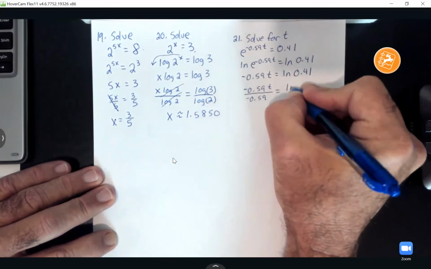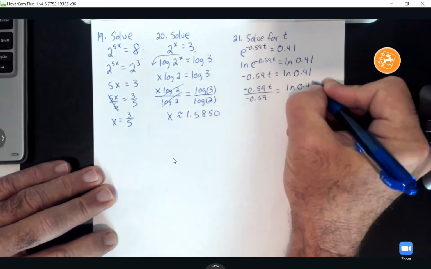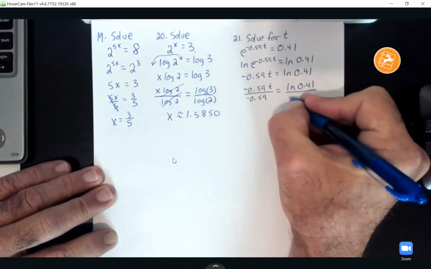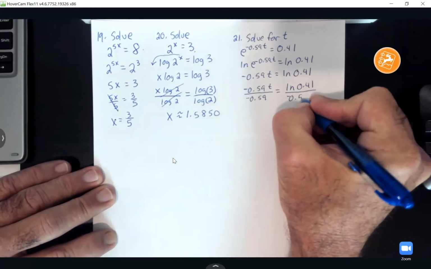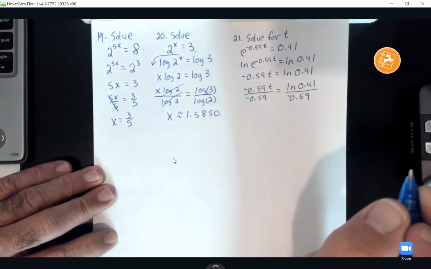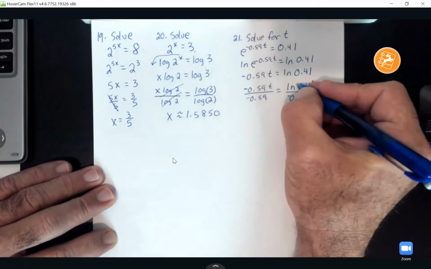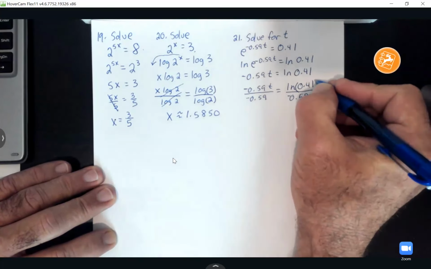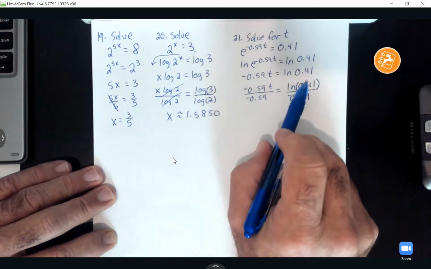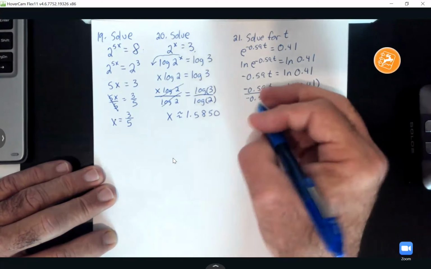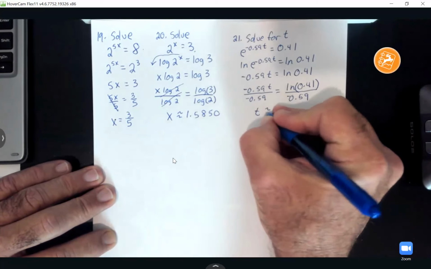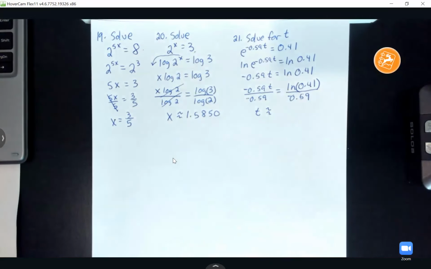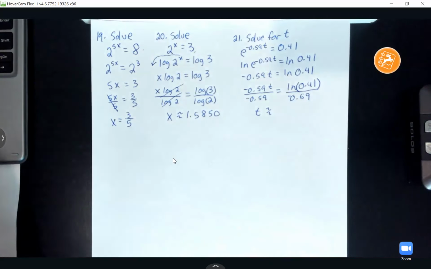That'll equal our ln of 0.41 divided by negative 0.59. Now remember, when I do it on the calculator, I'm going to close those parentheses around that ln. And we're going to estimate this one 4 decimal places.